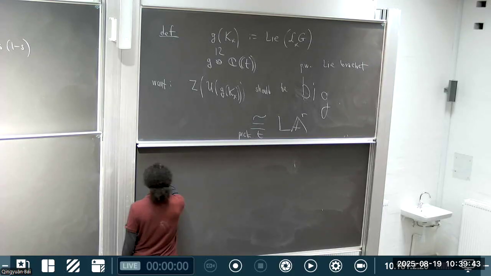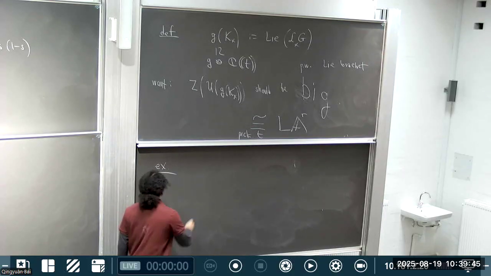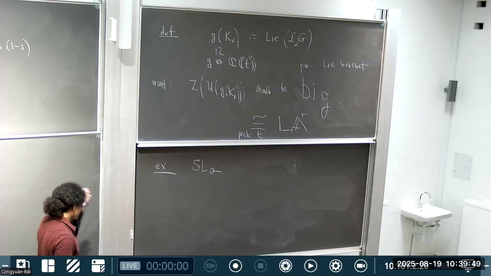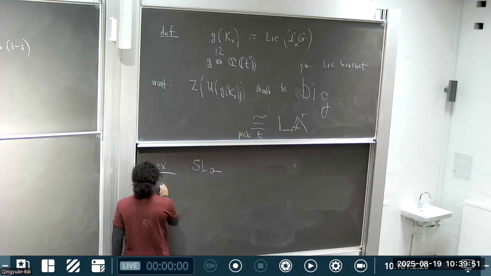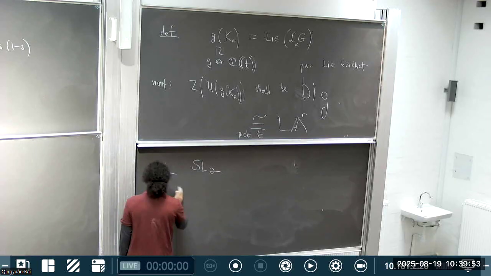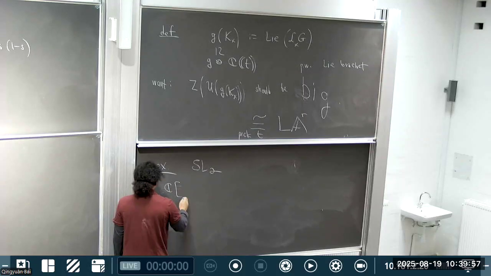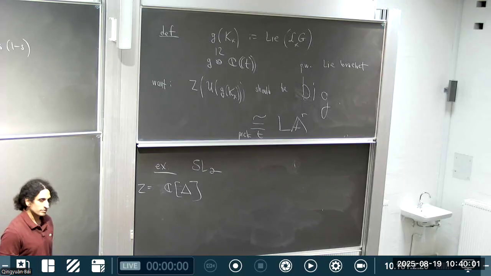Let me just write down one more example for you, to see if it makes some sense. So for SL2, before, the center was just polynomials in this one thing.